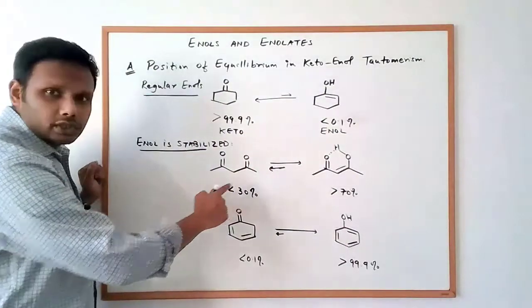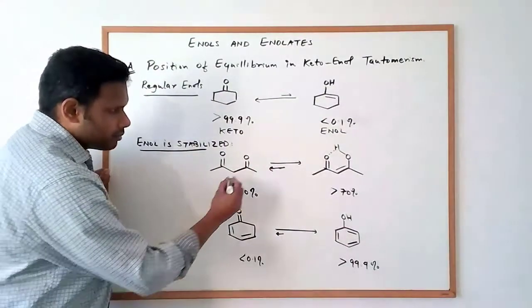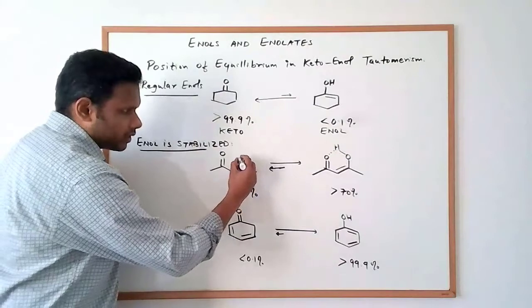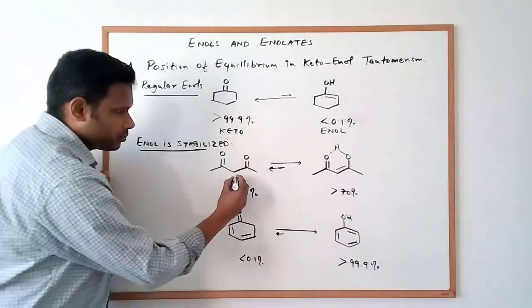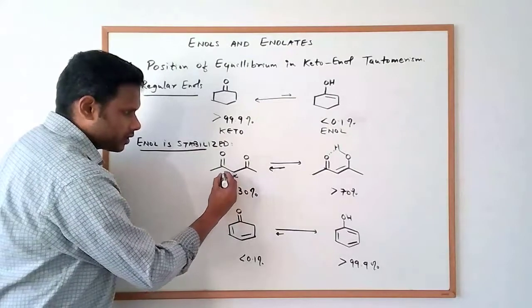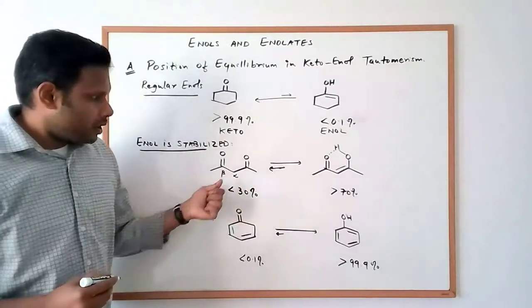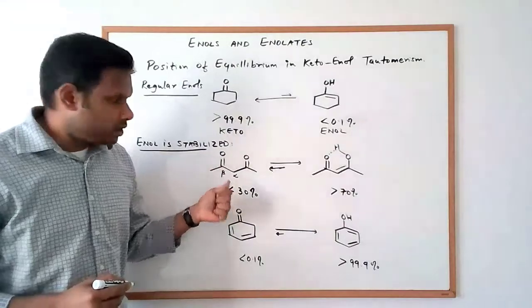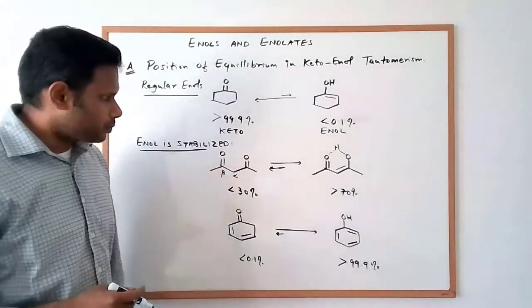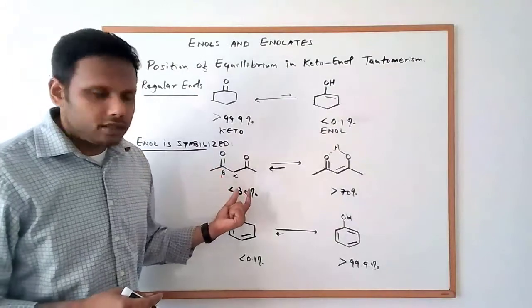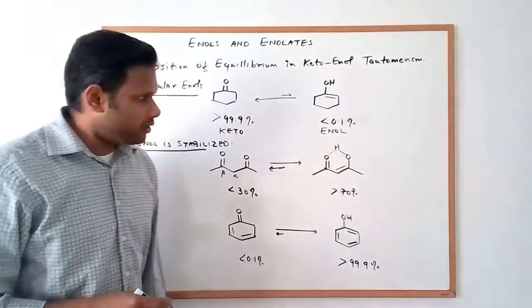These compounds are called beta diketones because if I consider one of these carbonyl groups as my functional group, then we have alpha here and there's a beta. So at the beta position, there's another keto group. So it's a beta diketone. In case of beta diketones, the enol is favored.